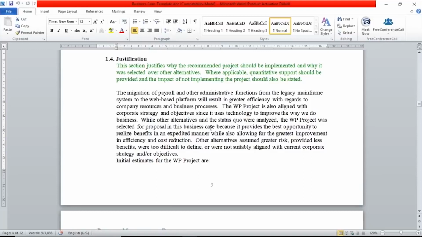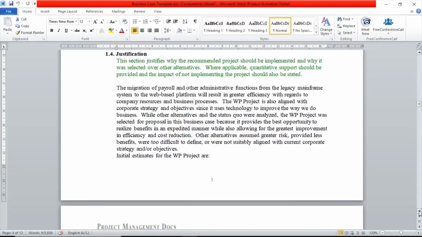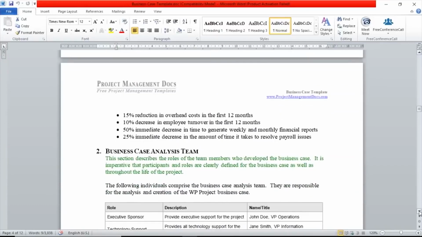So here we are talking mainly about efficiency. And you must have noticed that this particular project is straight away aligning to the organizational goals and objectives. In this case, one of the goals is of course efficiency gains and cost saving, and this project of moving onto the web-based platform is completely aligned to that.